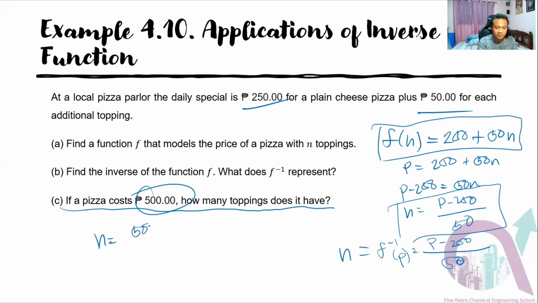You have 500 minus 250 over 50. 500 minus 250 is 250, divided by 50, so you have 5. So the pizza has 5 toppings.